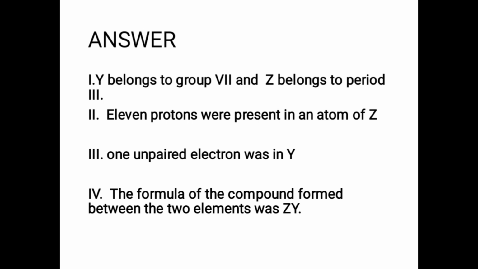When you are drawing the orbital notation, you write fluorine, and at the bottom you put 9, showing that it has atomic number 9. Then you draw your box and fill it in, and from the box you show that it has one unpaired electron. And then what will be the formula of the compound that fluorine and sodium will form?